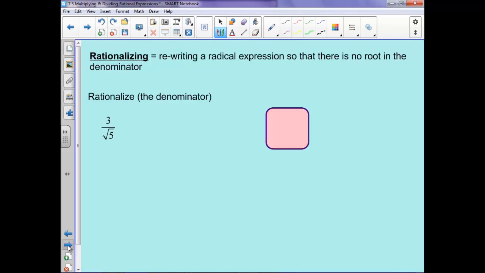So we don't want this root 5 in our denominator anymore. So let's multiply that by the numerator and the denominator. Notice we are multiplying by 1. So now our numerator is going to be 3 root 5, but our denominator is going to be root 25 or 5.